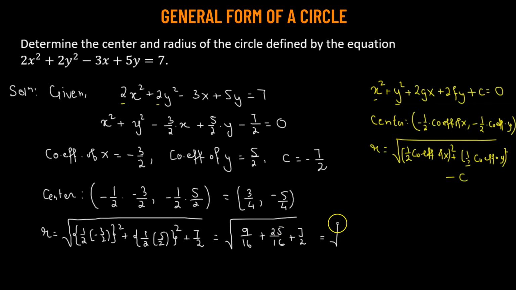So we have 9 plus 25, that's 34 over 16, and 7 over 2 can also be expressed as 56 over 16, which gives the square root of 90 over 16. The square root of 90 is simply 3 times the square root of 10, divided by the square root of 16, which is 4. So our radius comes out to be 3 times square root of 10 over 4, and the center has the coordinates 3 over 4 comma negative 5 over 4.